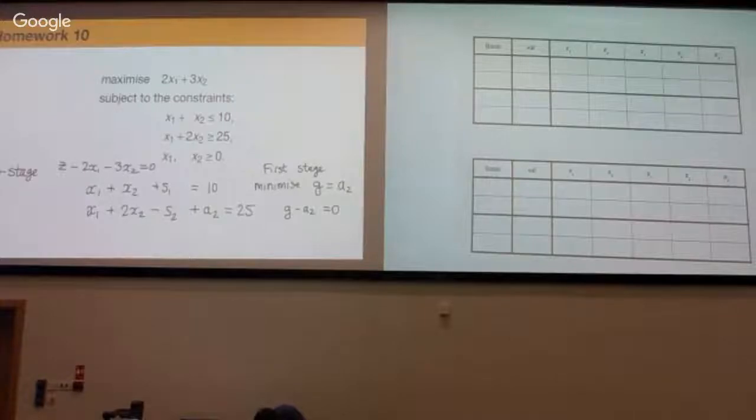So when I do that, I get that G plus x1 plus 2x2 minus s2 equals 25. Is that right? I hope it is.